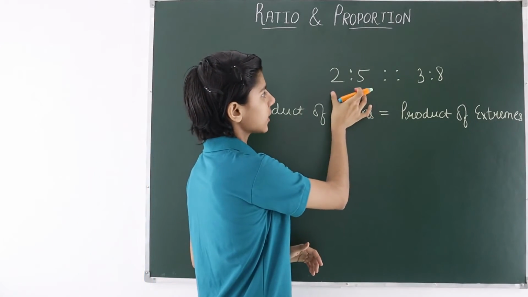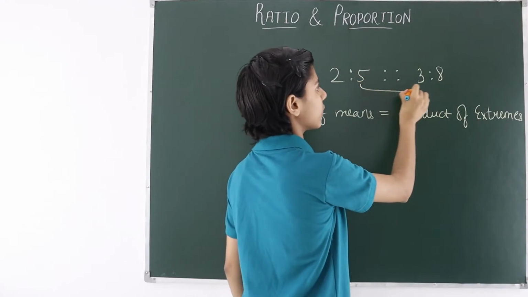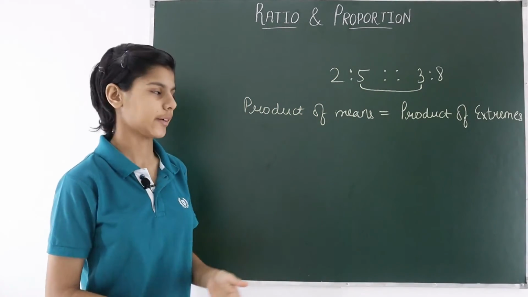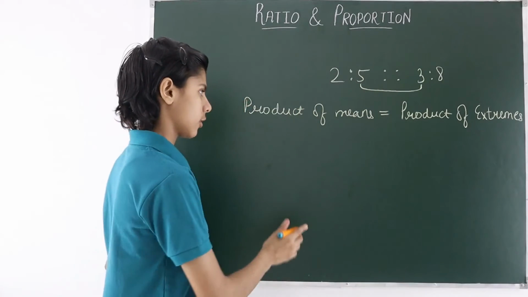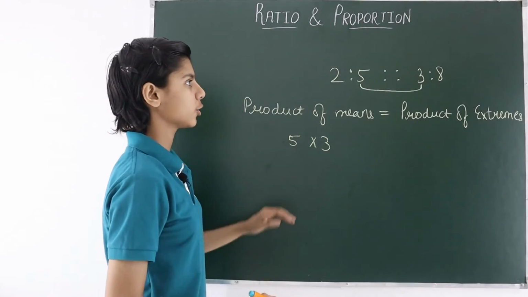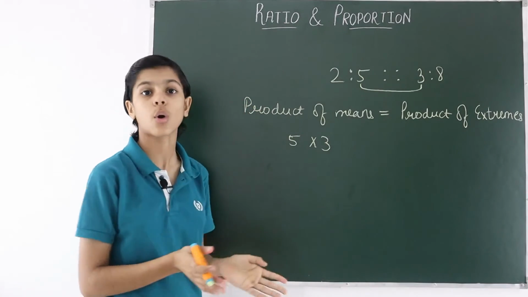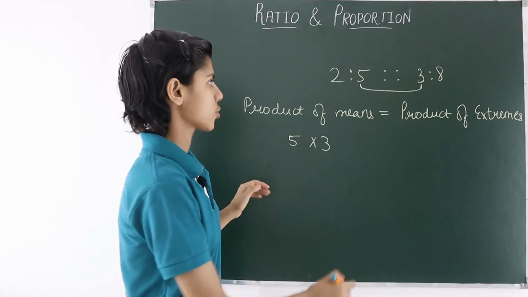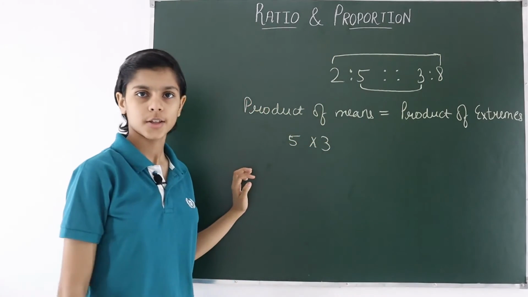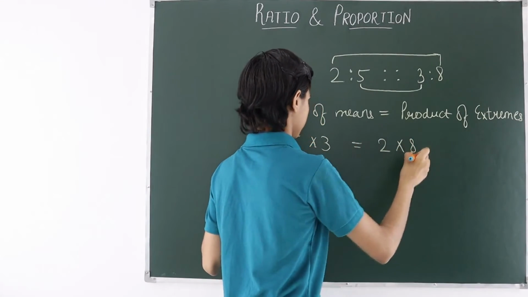Here we have 2:5 and 3:8. So 5 and 3 are in the middle, on the inner side. Their product means 5 into 3. Now product of extremes. Extremes means those present at the corners, at the last. So 2 and 8 are at the last, and their product is 2 into 8.